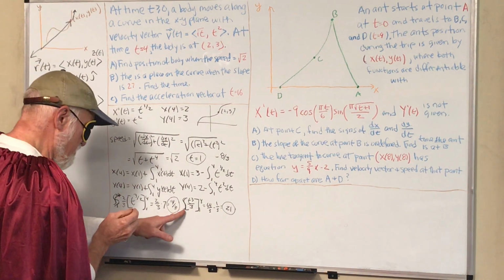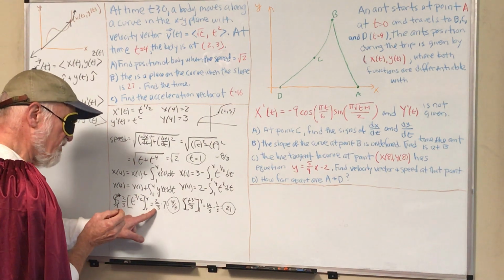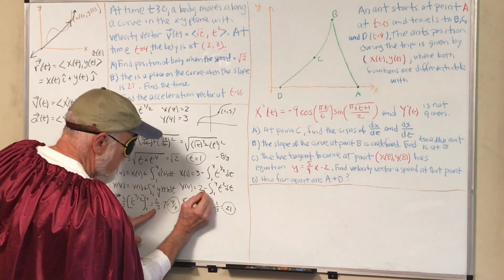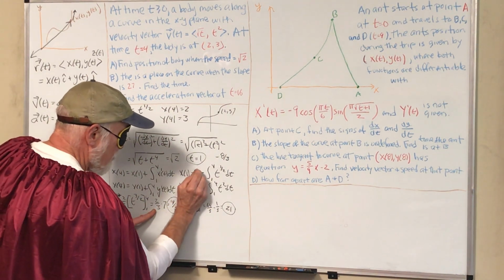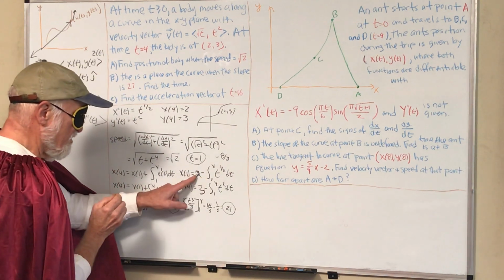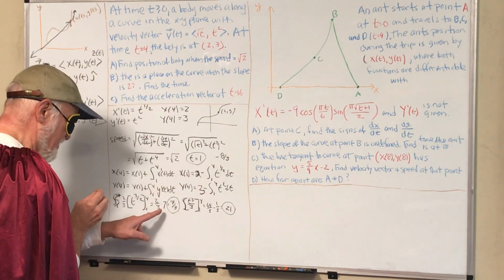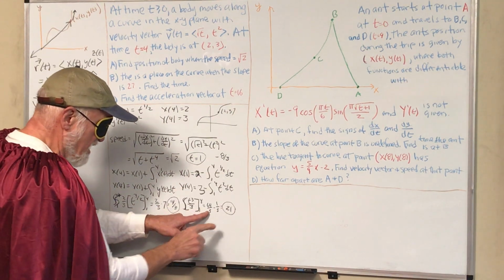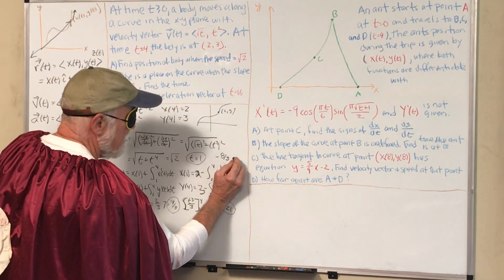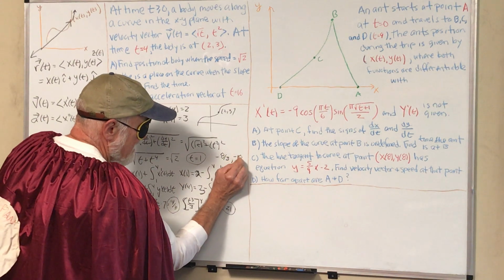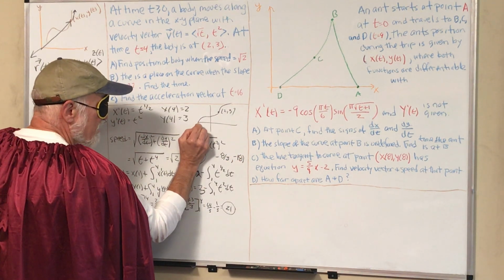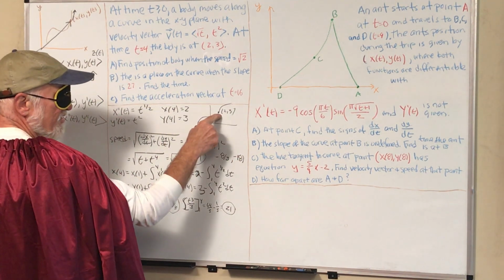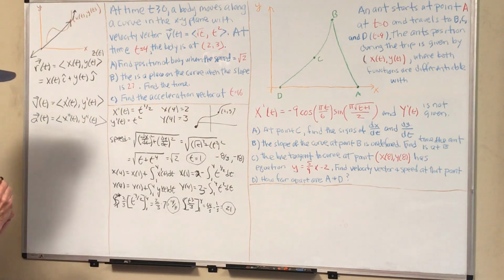Oh, I think I did that wrong. I think the y-coordinate was 3, and the x-coordinate was 2. So this would be 2 minus 14/3, which is minus 8/3, but this is 3 minus 21, or negative 18. So that's where the particle was at time 1. This is where it is at time 4.